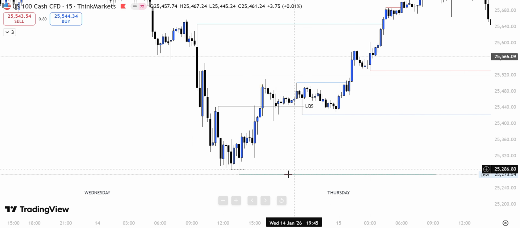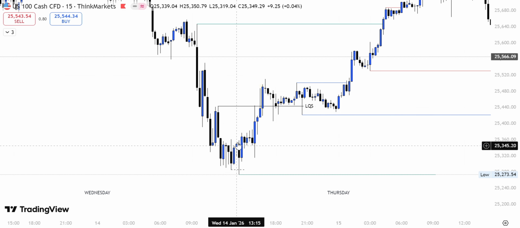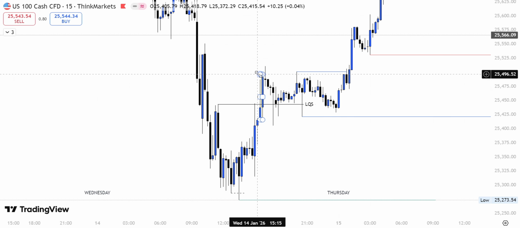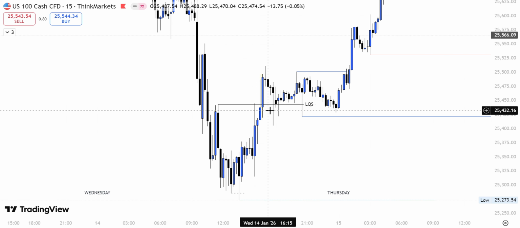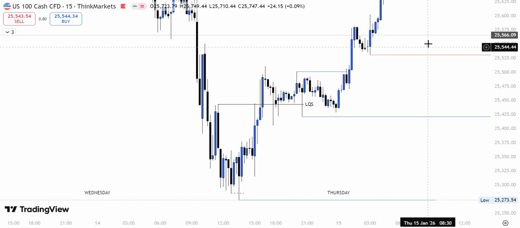So let me recap everything in this range. You have a liquidity sweep, a pretty big rejection candle right here, which started a new trend to the upside, and then you have a sweep of liquidity right here. You have a rejection candle, but then you have a continuation candle, basically canceling this rejection and continuing the trend.